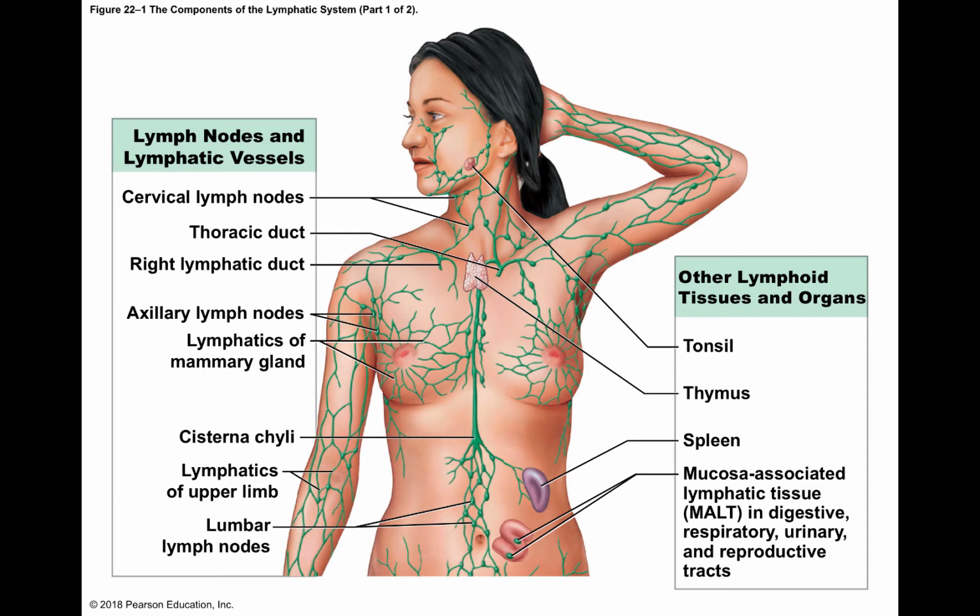So two things. Number one, the lymphatic system helps us to circulate that fluid so that we are able to dump it back into the circulatory system. Number two, it helps to fight against infections, right? So it's part of your immune system. So we have to talk about both of those functions.